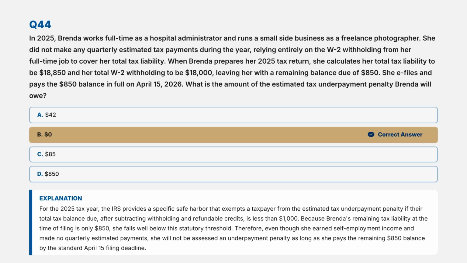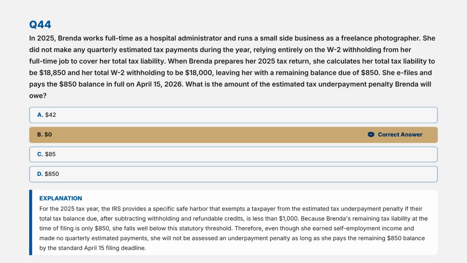Because Brenda's remaining tax liability at the time of filing is only $850, she falls well below this statutory threshold. Therefore, even though she earned self employment income and made no quarterly estimated payments, she will not be assessed an underpayment penalty as long as she pays the remaining $850 balance by the standard April 15th filing deadline.